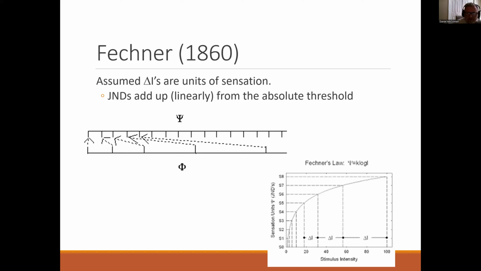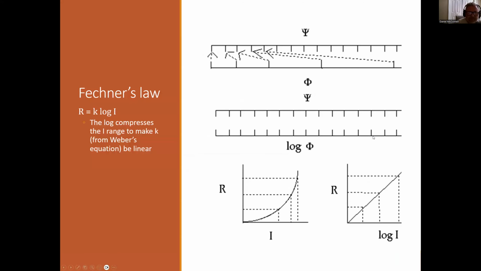So that's exactly what Fechner realized: if the physical stimulus magnitudes are increasing in ever increasing units, whereas the psychological scale remains more fixed and linear, then we can use a logarithmic function to compress the x-axis and bring everything back to a simple linear function, right?